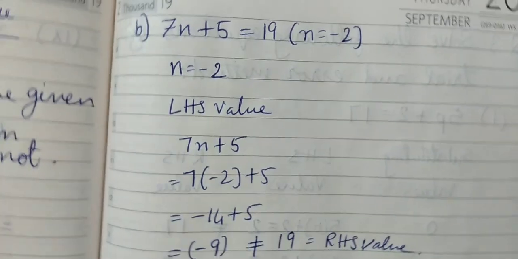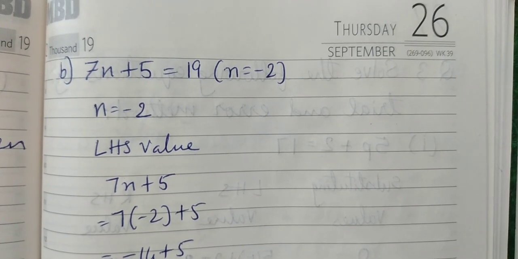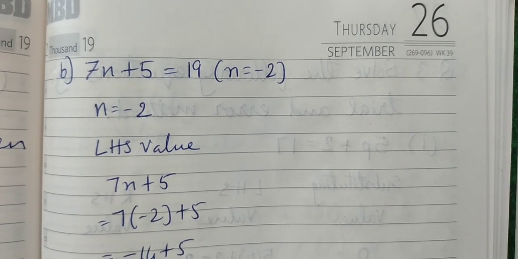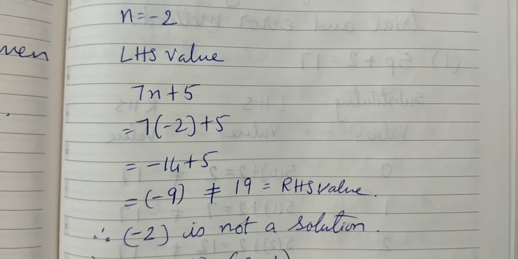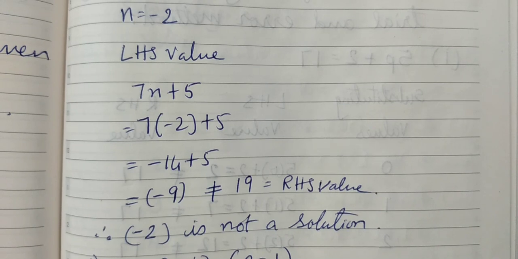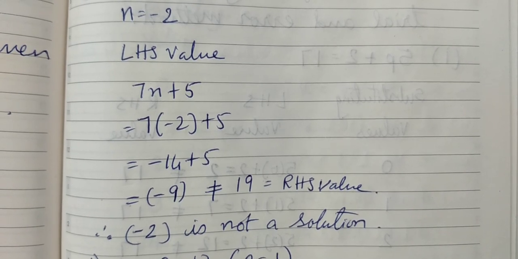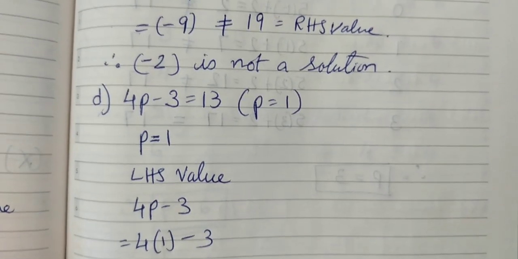Here you can see the second equation we have taken, 7n plus 5 is equal to 19, where n is minus 2. Left hand side, put the value of n in the left hand side part of the equation. 7 twos are 14, negative 14 plus 5 gives you minus 9, which is not equal to 19, which is the right hand side value. So minus 2 is not a solution.